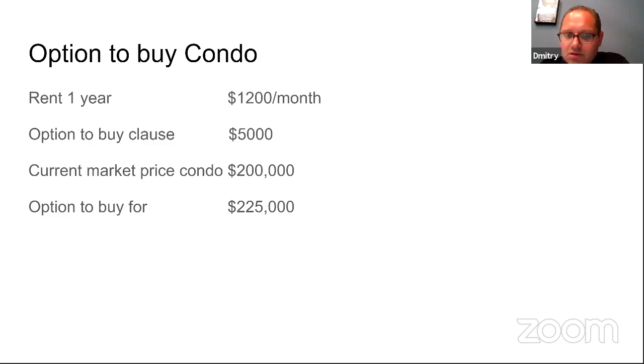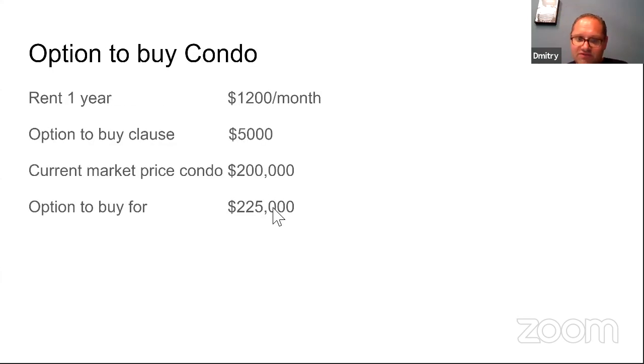So let's say I did this deep analysis, whatever, and I think there's a 10% chance that this condo in 1 year will be worth $325,000, right? So how much is that above where I have to buy it?